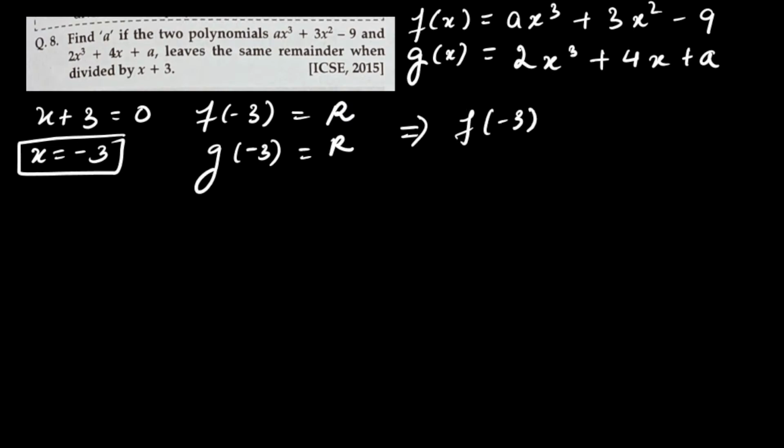It means f of minus 3, whatever remainder I am getting here, I will be getting the same remainder with g of minus 3 also. So both are r only. So f of minus 3 equals r, g of minus 3 equals r, that means both of these are equal to each other, because both of these are equal to r.